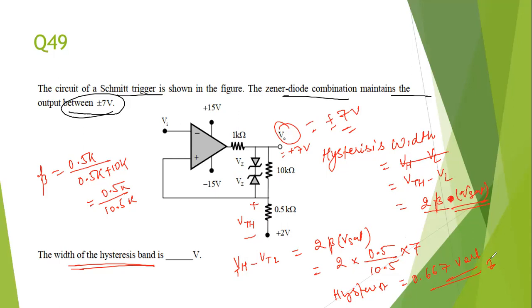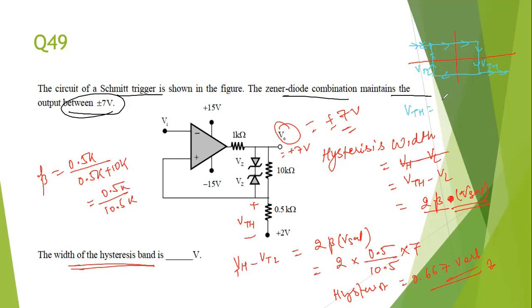So the hysteresis width is 2 beta V saturation. I have already discussed this. This is your graph. This is your VTH. This is VTL. VTH equal to what?